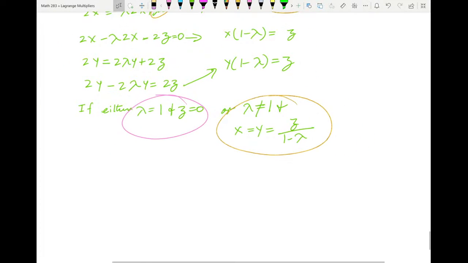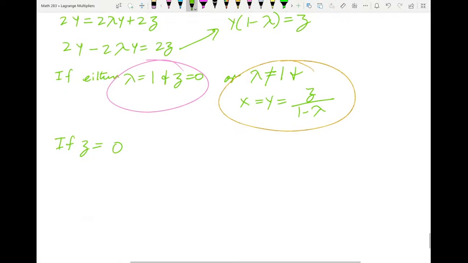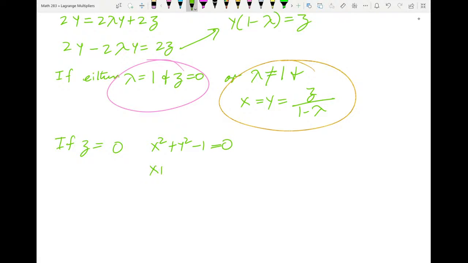Now let's look at what's happening over here. If z equals 0, which means lambda equals 1, you get what? x squared plus y squared minus 1 equals 0, and x plus y plus z minus 1 equals 0.